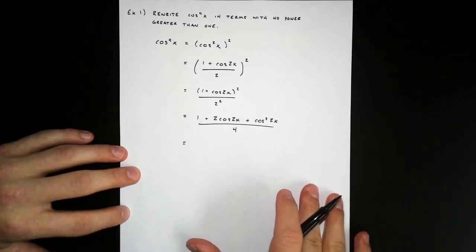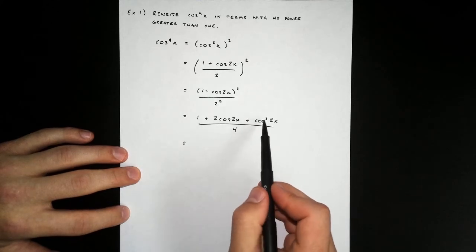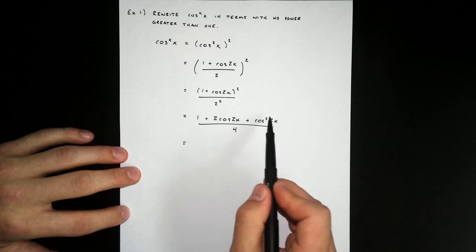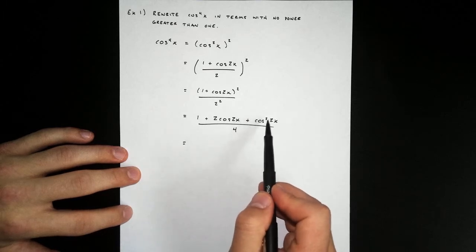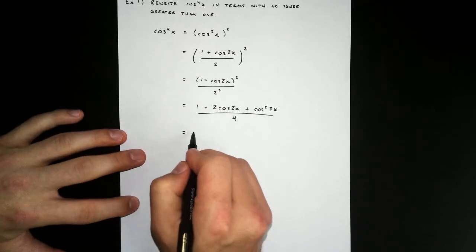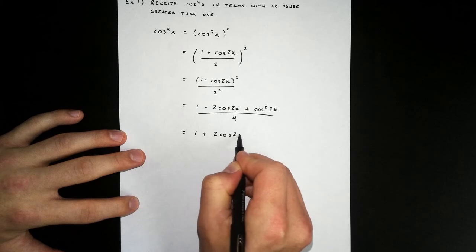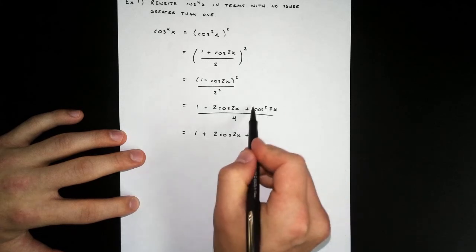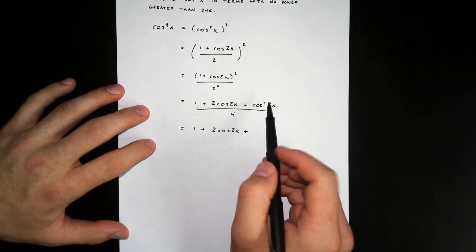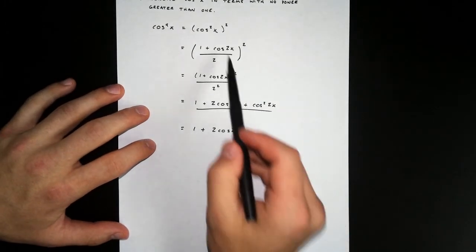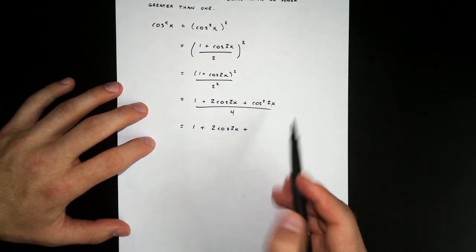All right, got to keep going. I still have a cosine squared here. I don't want a power bigger than 1, so we're going to have to replace that out. But it is a cosine squared of something, so we can use our identity here as well. So copy down the beginning, and then replacing the cosine squared, we're going to use the same identity, but now instead of just x like we did up here, we just have to make sure that we put in 2x.